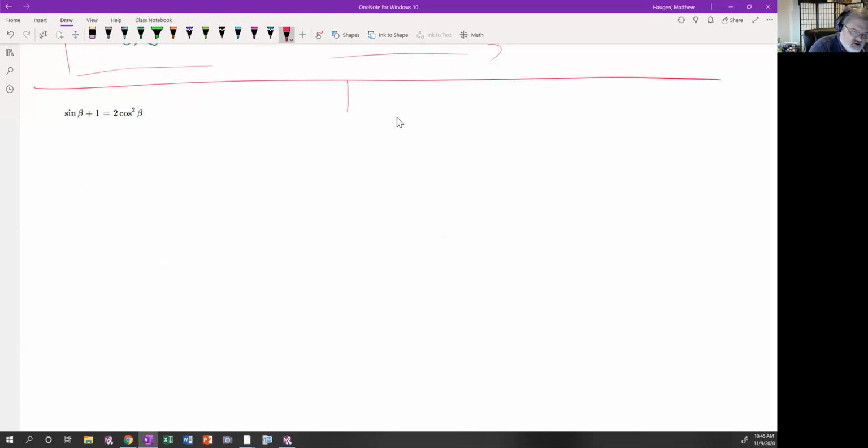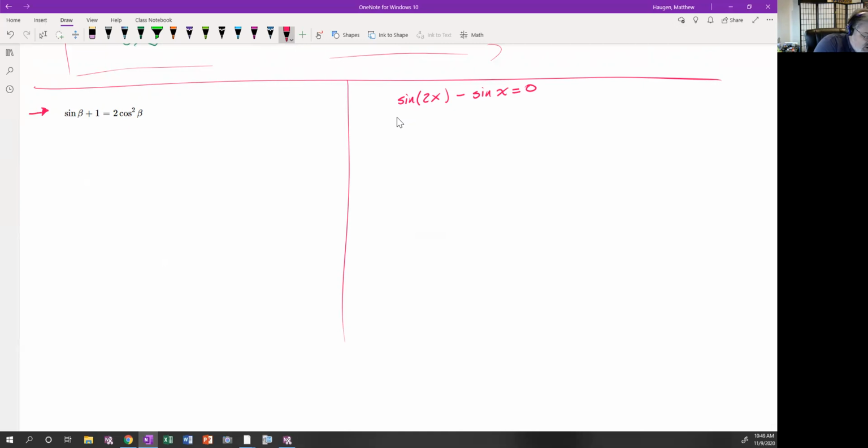And if you'll give me an extra minute or two, I'd also like to look at if we had something like, say, sine 2x minus sine x equals 0, if we had to solve something like that. But let's start with this one.